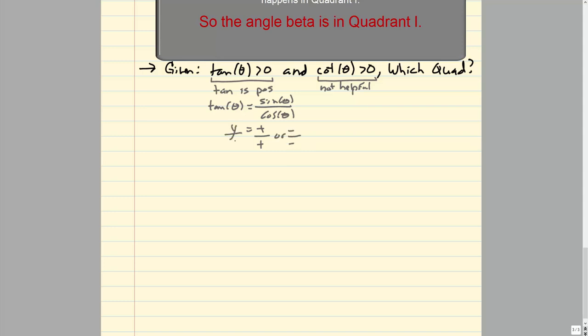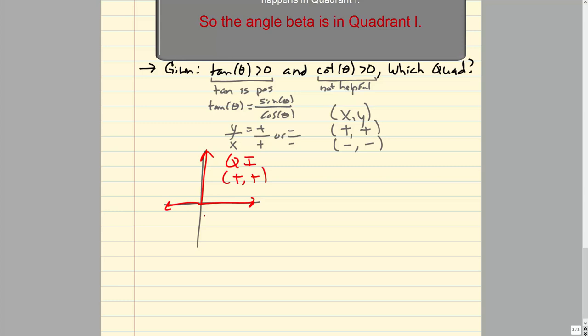So my y over x or sine over cosine setup should be positive over positive or negative over negative. So if I look at x and y, I'm looking where they are positive and positive, or where they are negative and negative. If I draw my Cartesian coordinate system, positive positive would be positive x, positive y. This would be Q1.